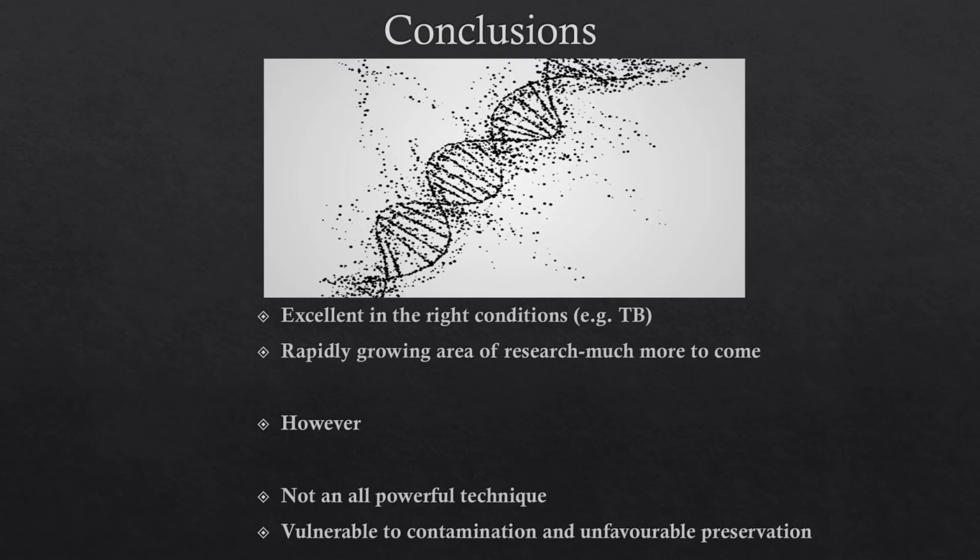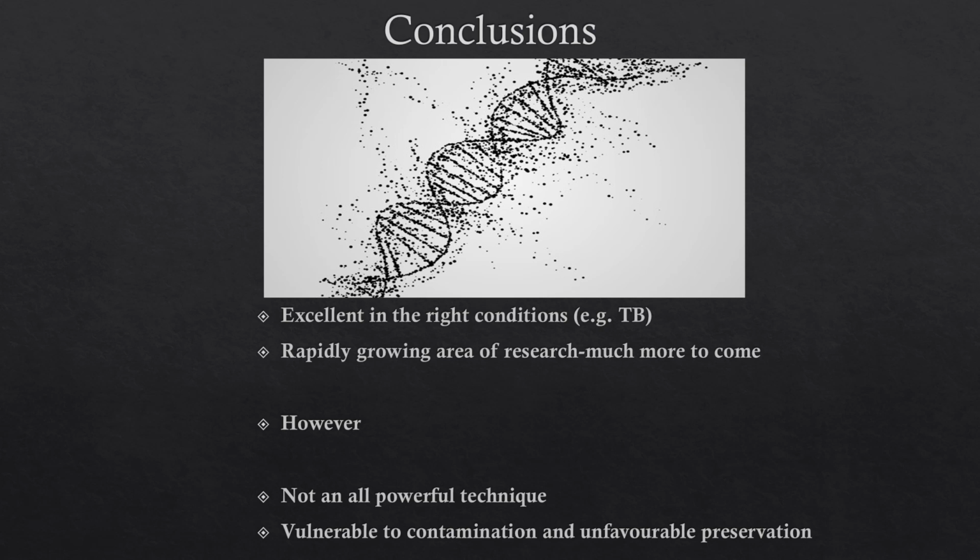So let's recap. aDNA has an excellent potential when used in the right conditions. Clearly, TB has been really well researched when using aDNA because it can. And there is much more to come from aDNA as there is commercial interest in the process. So that's why it's so rapid in getting better and better, and it will continue getting better as well.